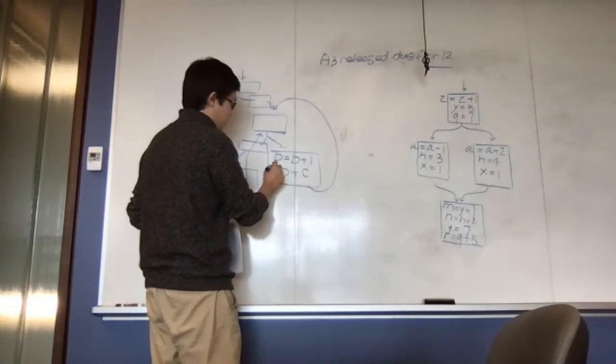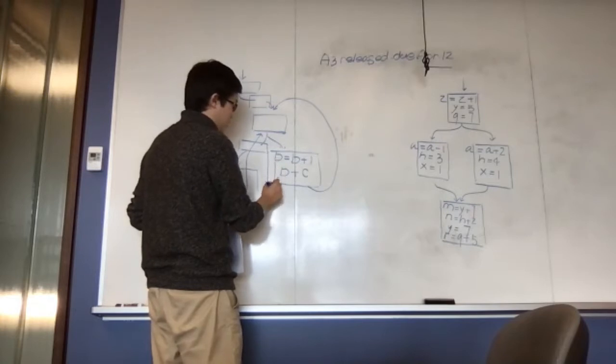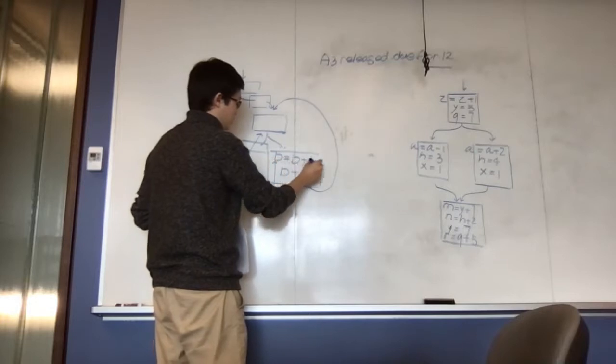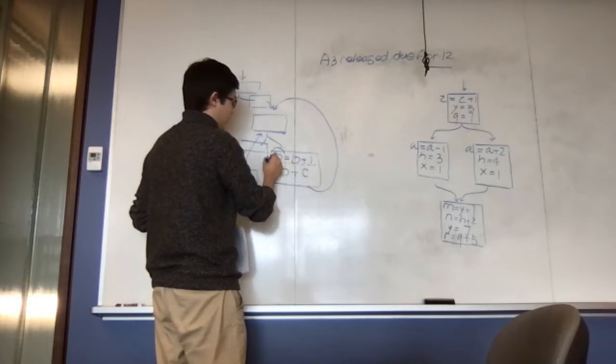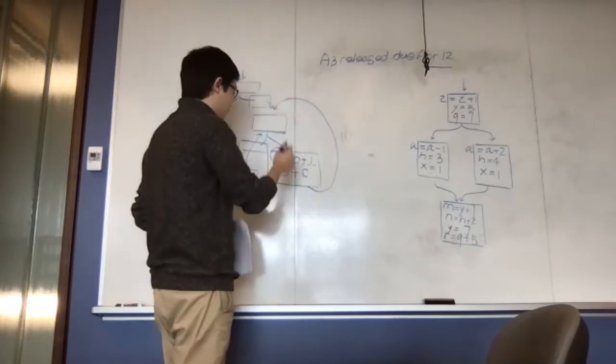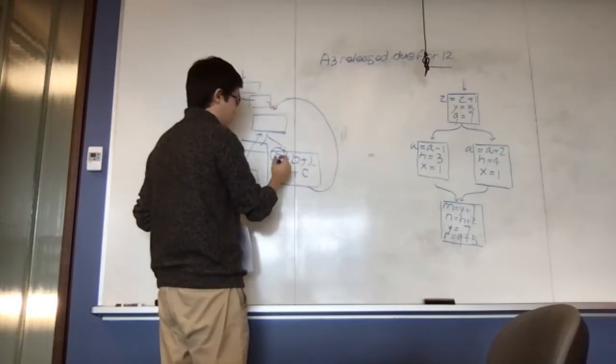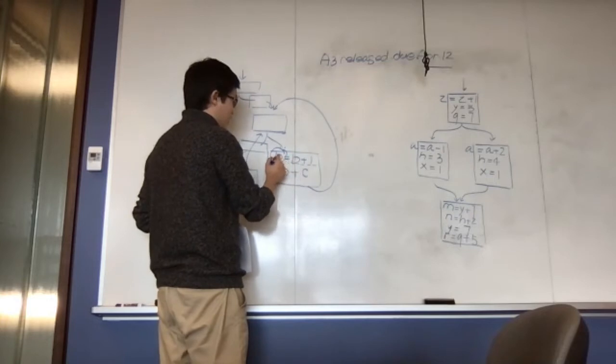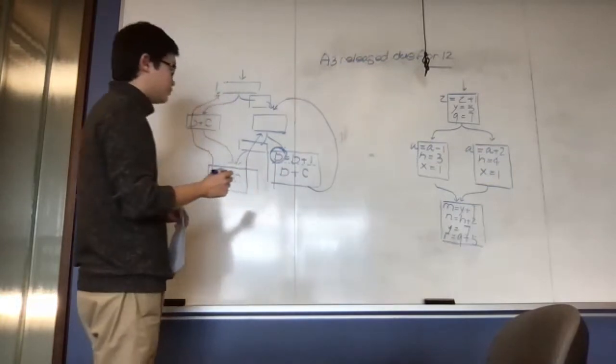What about the expression b plus c here? Well, expression b plus c is anticipated here until it reaches this point where the operand b has been killed, because we assign a value to the operand b here.